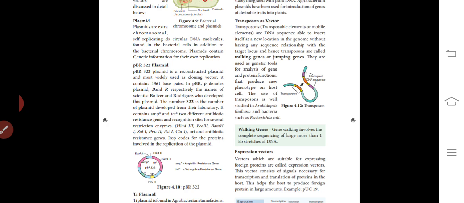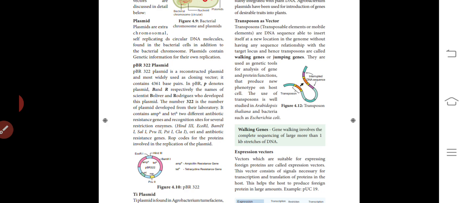The number 322 is the number of the plasmid developed in their laboratory. It contains two different antibiotic resistance genes, ampicillin and tetracycline, and recognition sites of several restriction enzymes. So that is the origin and the antibiotic resistance genes. ROP codes for proteins involved in the replication of the plasmid.